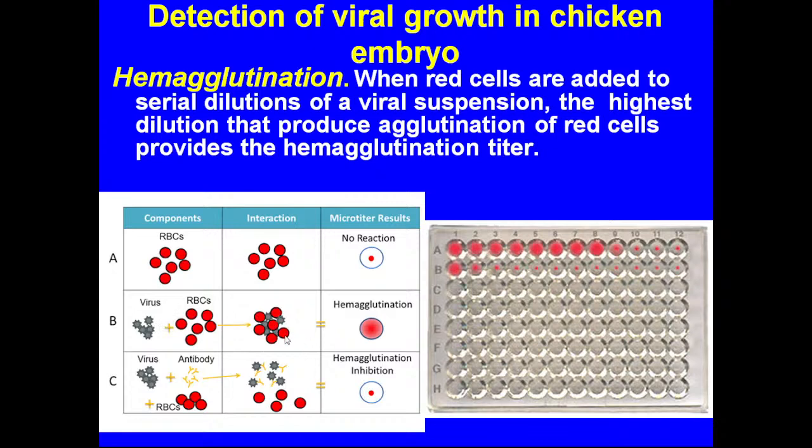If we don't have any reaction, then the red blood cells are not connected through the viral hemagglutinin, so they will just drop under gravity to the bottom of the well one by one and make a pellet, right? So that is no reaction. This reaction is positive and this is a negative reaction.